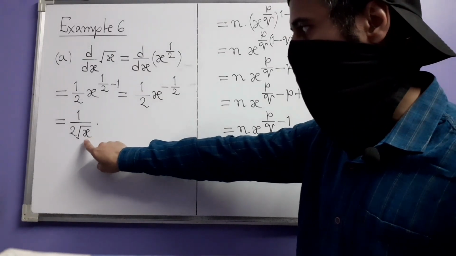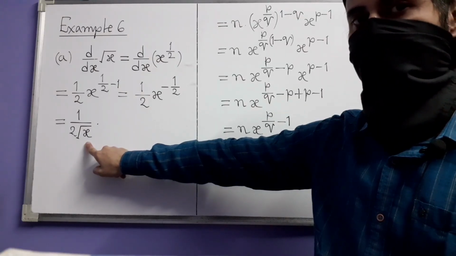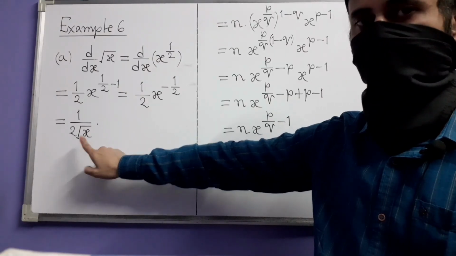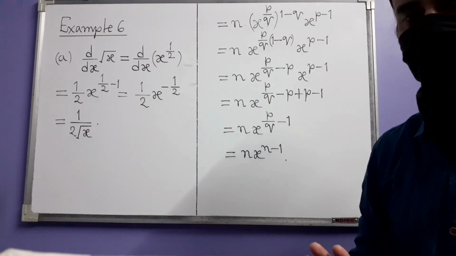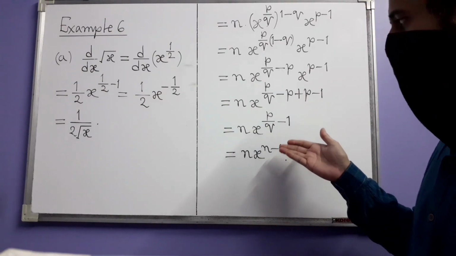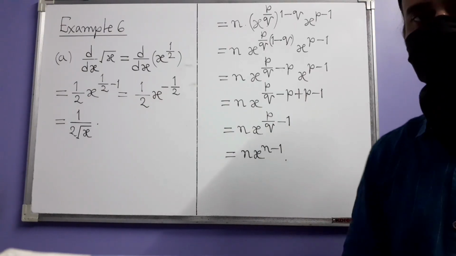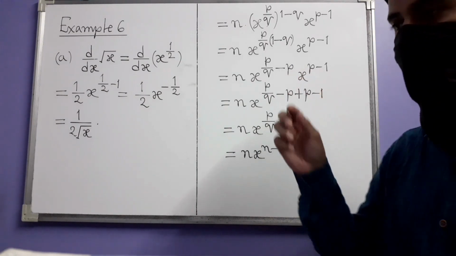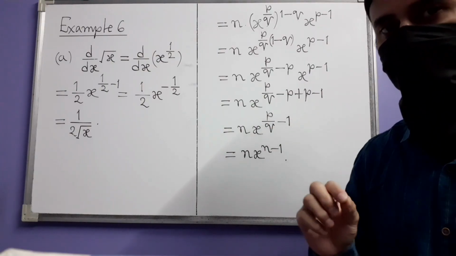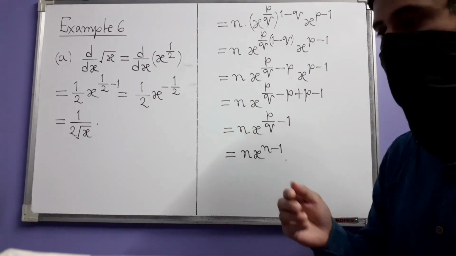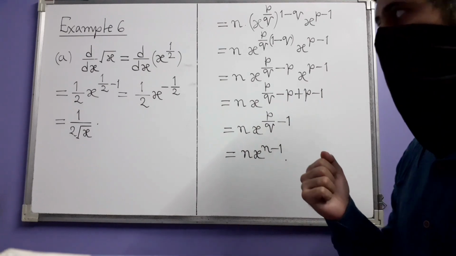Note that this makes sense only when x is a positive real number. Now you cannot take x equal to 0. And that matches with what the statement of this result says. You recall that x should be an interior point in the domain of x to the power n minus 1.